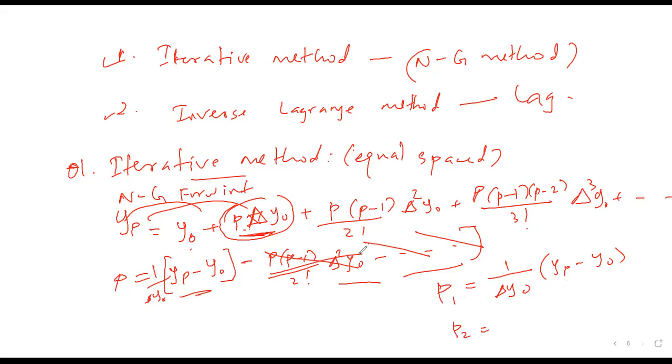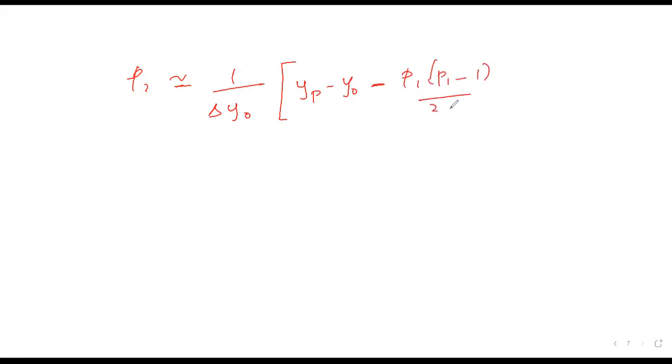Because I'm omitting something, I can't use an equal sign, so I'm using approximations. p2 is approximately 1 over delta y naught times (yp minus y naught minus p1(p1 minus 1) divided by 2 factorial delta squared y naught), and all the other terms I am omitting. So this is p2.